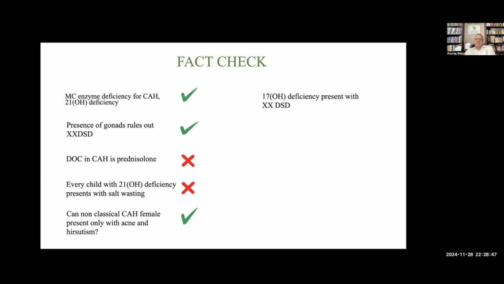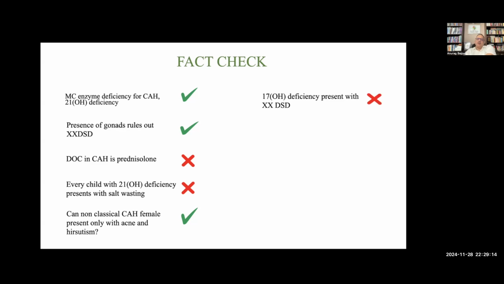In 17 hydroxylase deficiency, does it present with XX DSD or XY DSD? We have discussed this already. If you have 17 hydroxylase deficiency, you have a problem in androgen production. Dr. Sandeep is talking about XY with hypertension. Yes, so we have got XY from Dr. Irshad, Dr. Parag, Dr. Aisha, everybody.